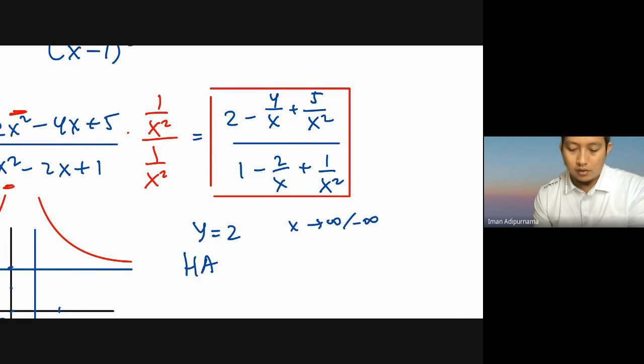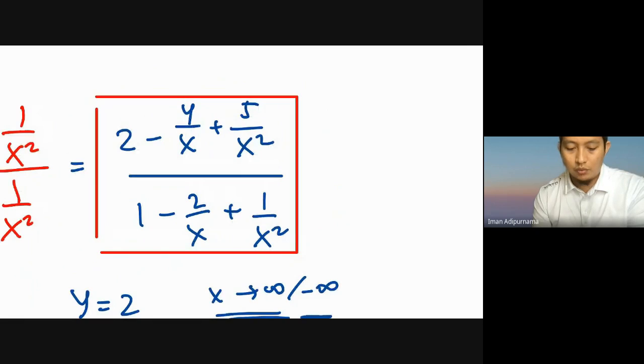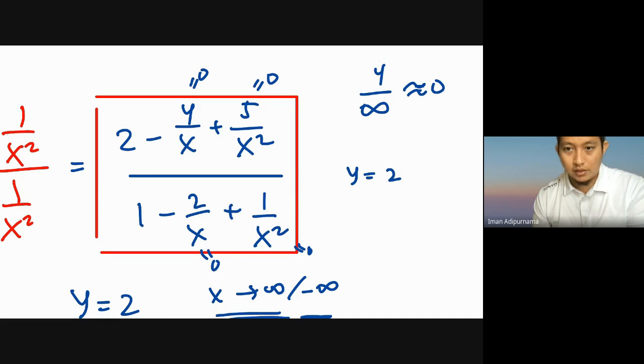As x gets bigger or goes to negative infinity, you will notice that when you have 4 divided by infinity, it will get closer to 0. So if this is 0, this is 0, and this is 0, y will be equal to 2.